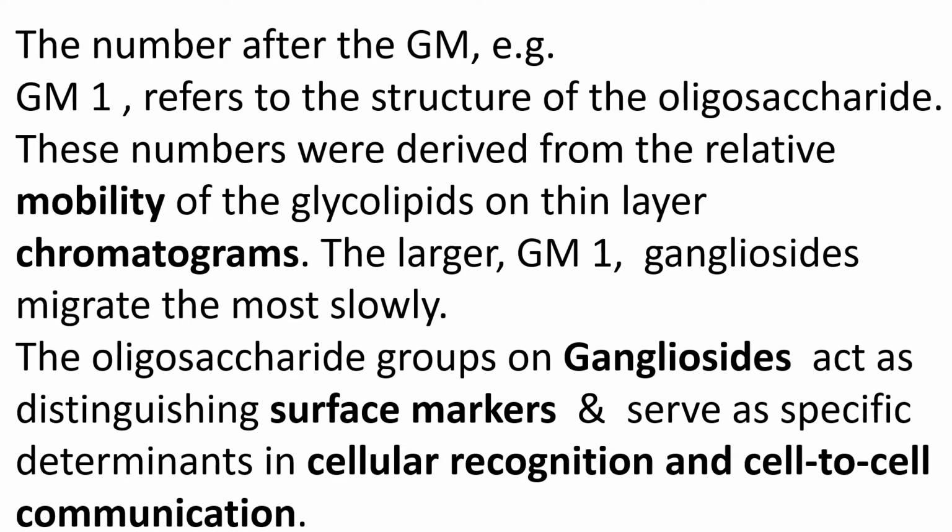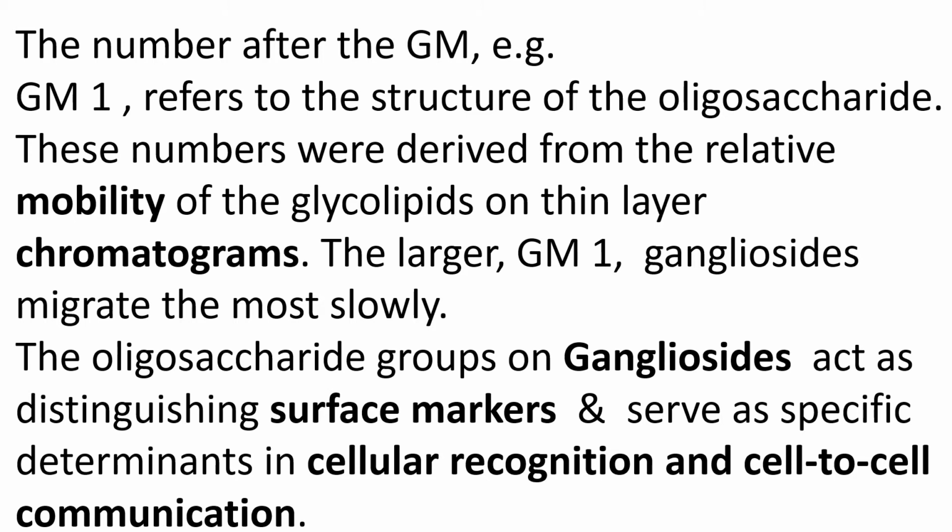So we have three types of ganglioside: GM1, GM2, and GM3. On the basis of the mobility of these gangliosides on chromatograph, they are classified as GM1, GM2, and GM3. So the number of sialic acid residues present in the ganglioside structure, the sequence of the carbohydrates, and their mobility are the three criteria for the nomenclature of the ganglioside.